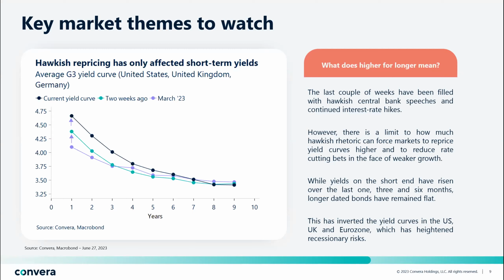The same, as we can see also in this chart, cannot really be said about the long end of the yield curve, which has pretty much remained constant, not only throughout Q2, but also for the past 7 to 8 months. And in our opinion, this means that markets are clearly indicating that, yes, all these hawkish central bank speeches and sticky core inflation are enough to prop up the front end of the yield curve.